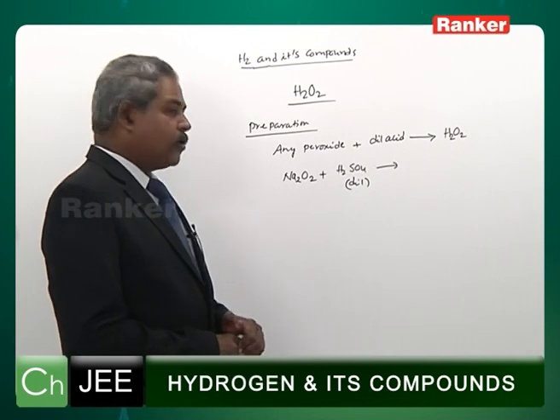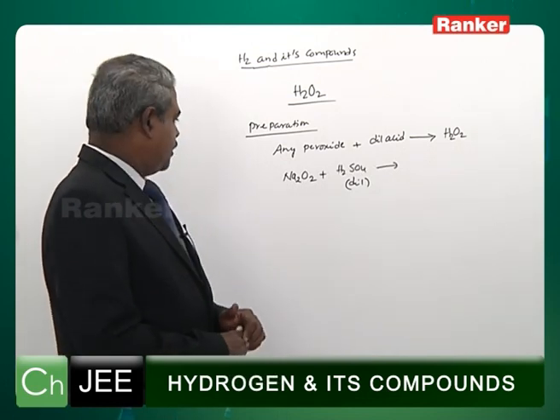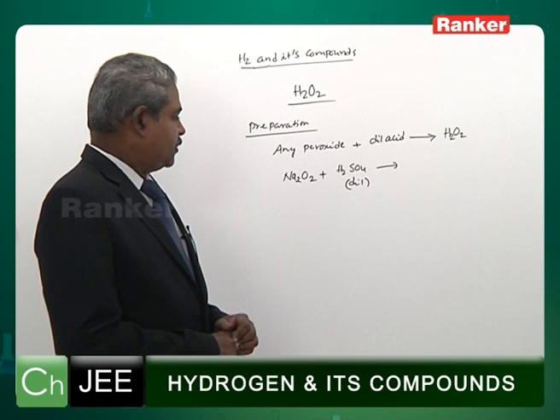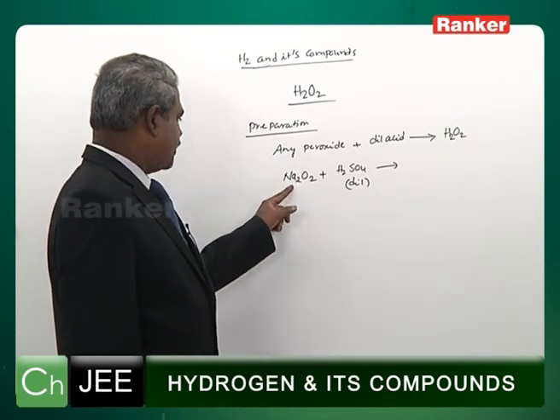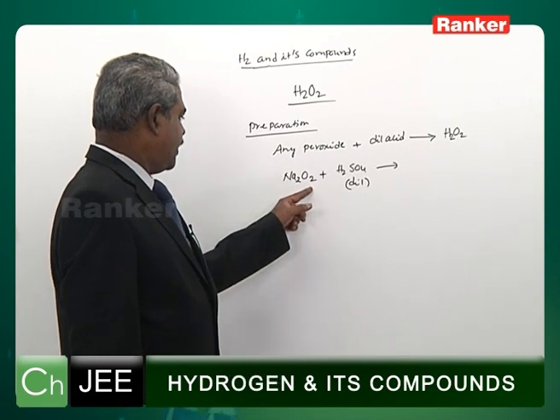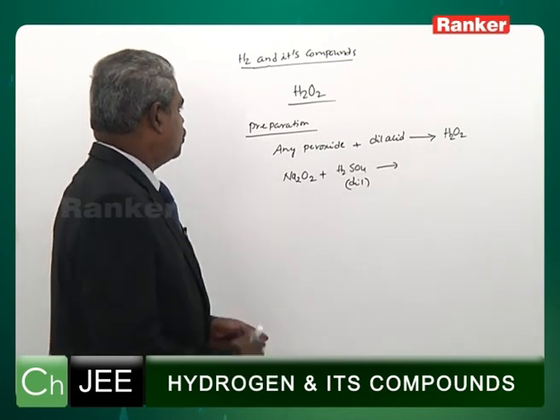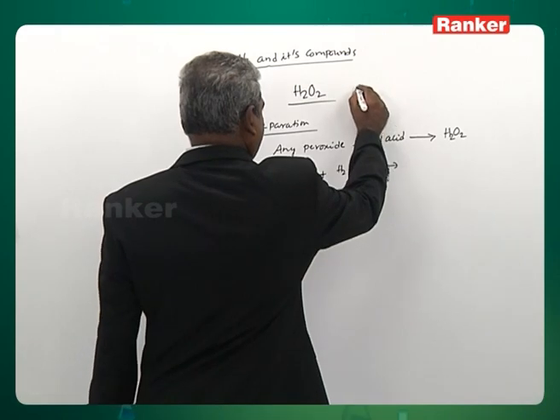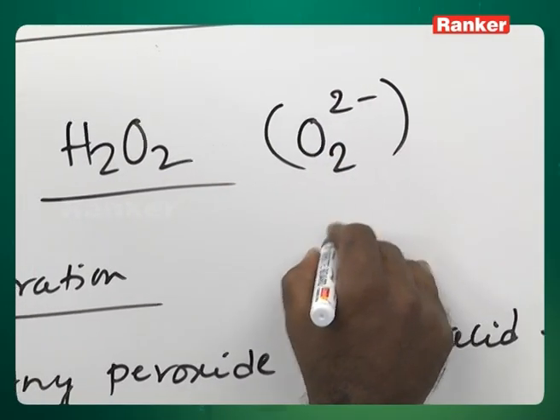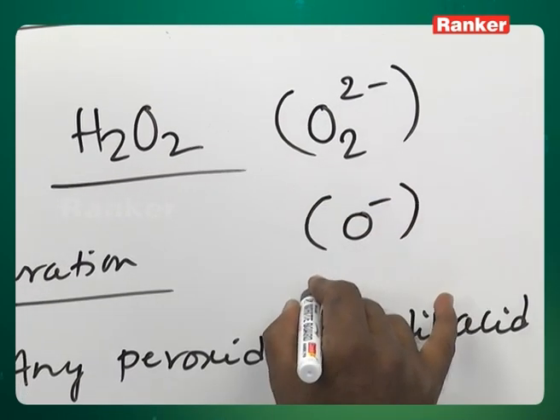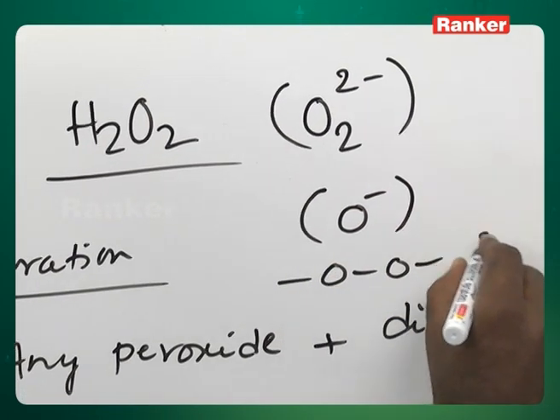Is Na2O2 a peroxide? We discussed it in the oxidation states part, in the last lecture. Na2O2: plus 1, plus 2, minus 2, O2 2 minus. If it is O2 2 minus, we know it is called a peroxide, or O minus, or oxygen single bond.